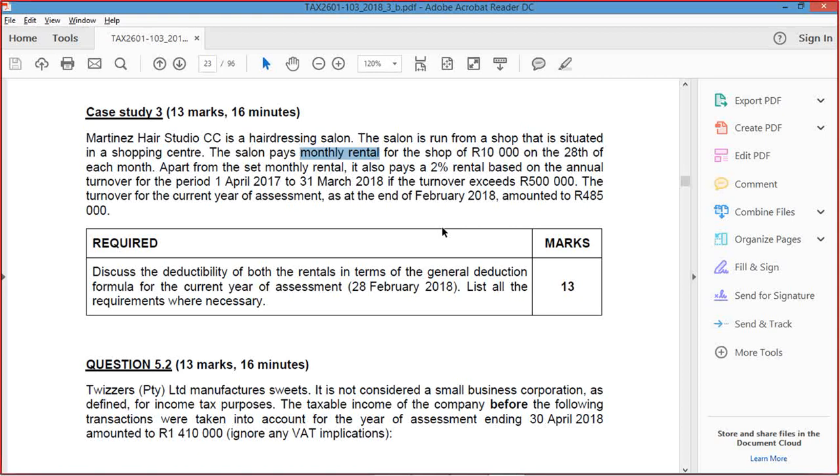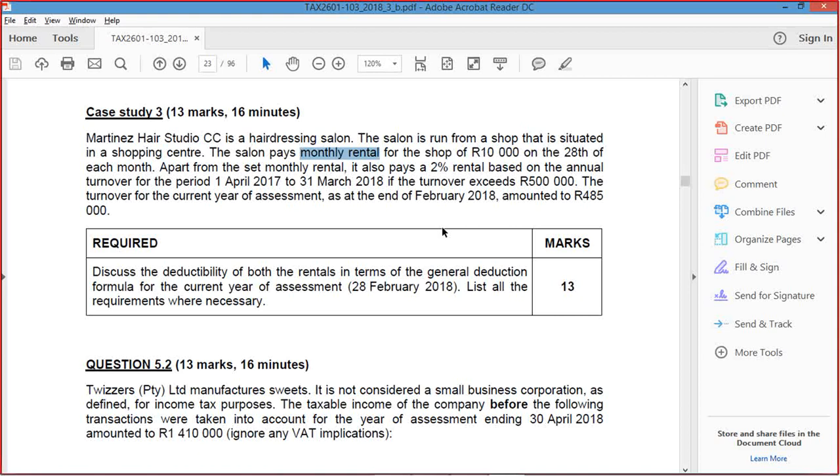So what does that mean? Well, it basically means that it's not something that you are selling once off. So in other words, I wasn't just doing hair for that day. It's actually something that the business does as their main line of income generation.